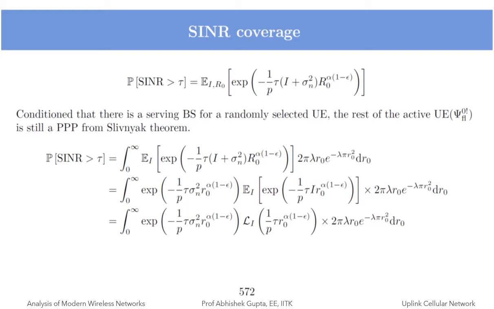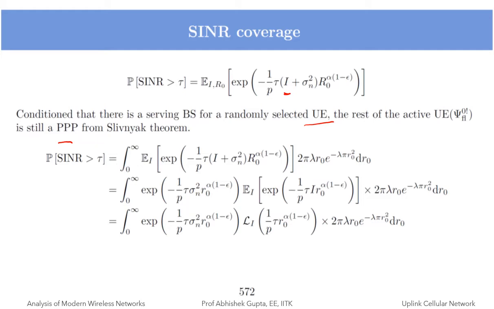If you assume the original active UE process is a PPP, then if you condition on one UE and look at the rest of the active UEs, that is still going to be a PPP from Slivnyak's theorem. So this interference is caused by an unconditioned PPP, at least in distribution.